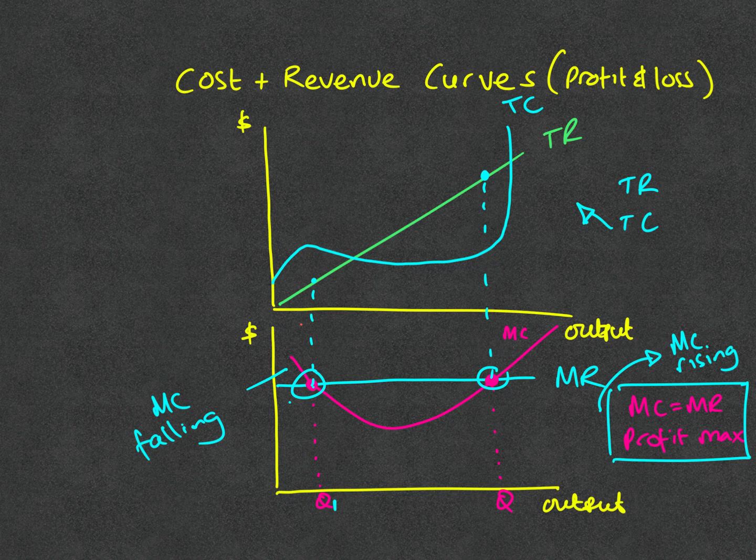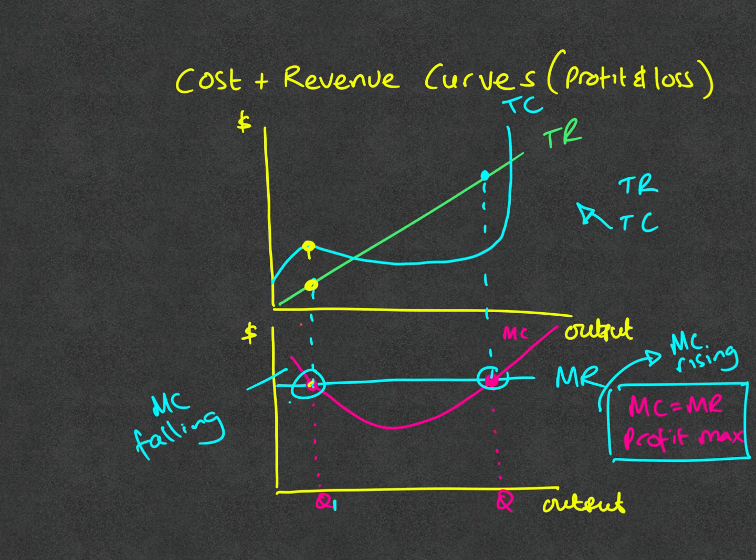So if you go back to the total cost, total revenue diagram at the top here, you'll notice that the distance between the peak of the total cost curve and the total revenue curve is the greatest, okay? Is the greatest in terms of the first marginal cost, marginal revenue outcome, yeah?